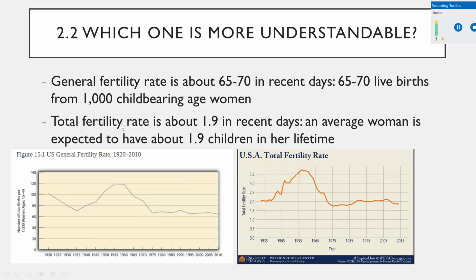A total fertility rate of about 1.9 means that an average woman in the US is expected to have about 1.9 children in her lifetime. So most women will reproduce 2 children in their lifetime. So we can see that TFR is an easier and more understandable measure of fertility.